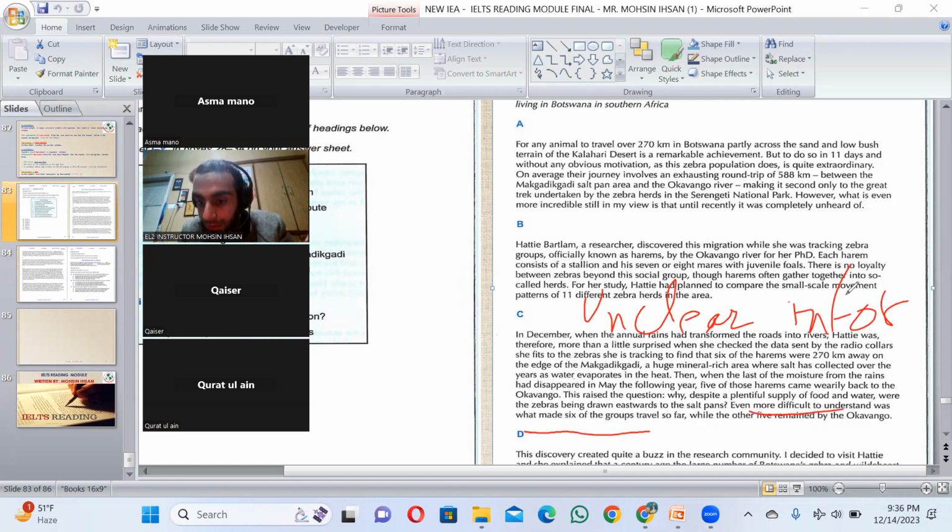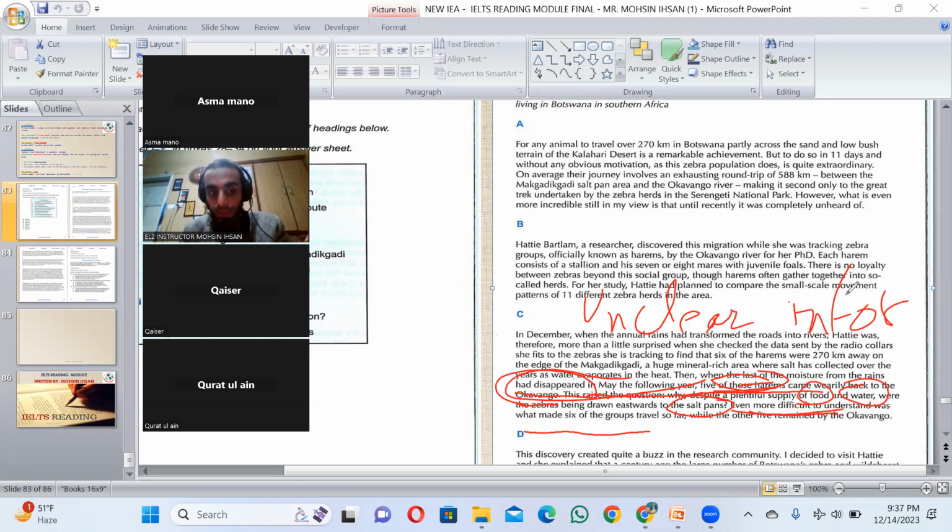Before that, five of those harems came back to the Okavango, and it was unclear why some had disappeared. Some zebra groups came back, and this is even more difficult to understand, that some zebras are not going towards food and water, they are going towards salt pans.